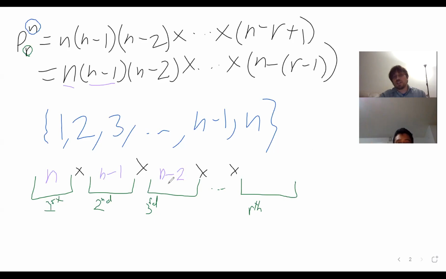So you can see that there's a correspondence between the thing you subtract and the choice number, right? The first choice was n minus 0. The second choice was n minus 1. The third choice was n minus 2. So the positive number you're subtracting is always 1 less than the choice number, right? And so can someone tell me the number of choices you have for the rth thing then?